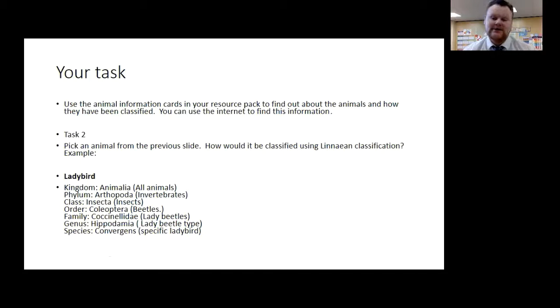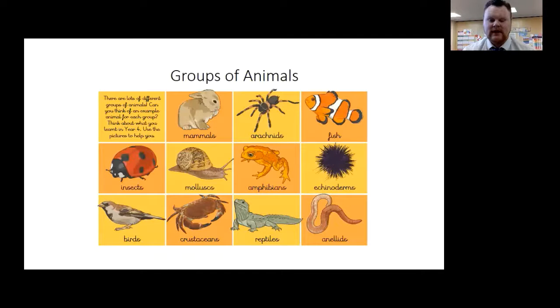The answers to that will be yes or no. Now, if you're not sure what an exoskeleton is, you can research that, can't you, using the internet? And task 2, I'd like you to pick an animal from the previous slide. How would it be classified using Linnaean classification, just like we did earlier?